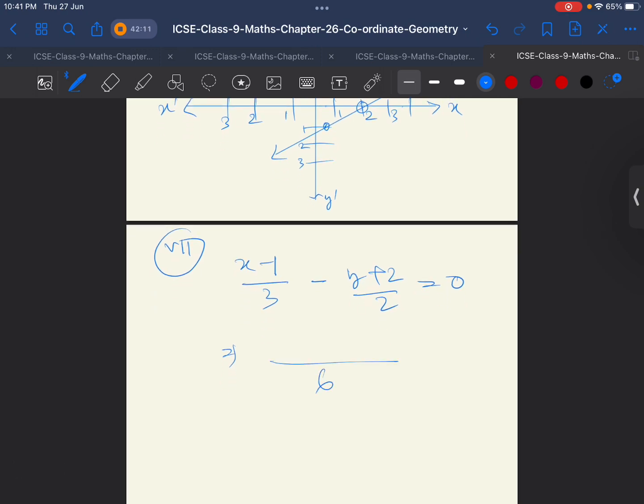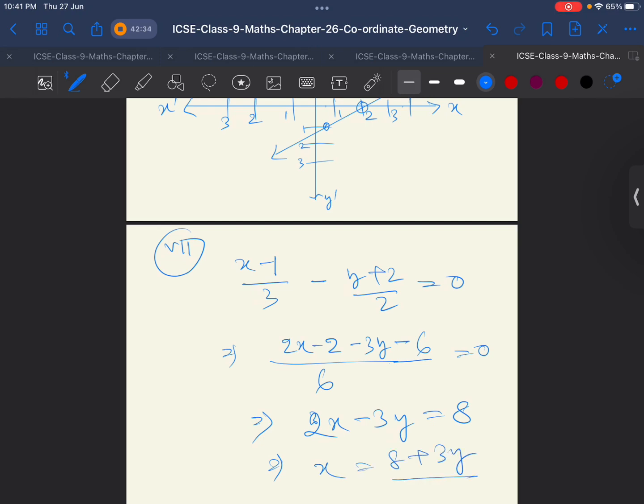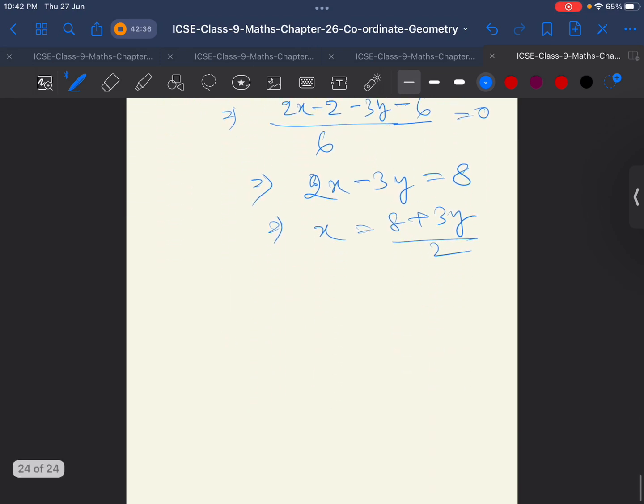So implies LCM 6: 2x minus 2 minus 3y minus 6 equals 0. Implies 2x minus 3y equals 8. Implies x equals (8 plus 3y)/2. So the table is here.